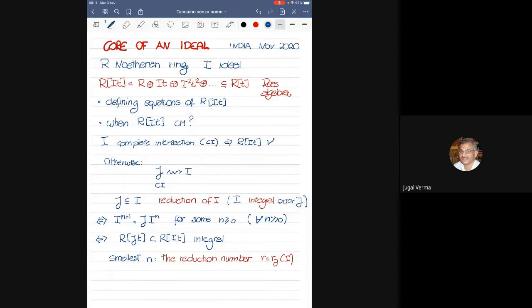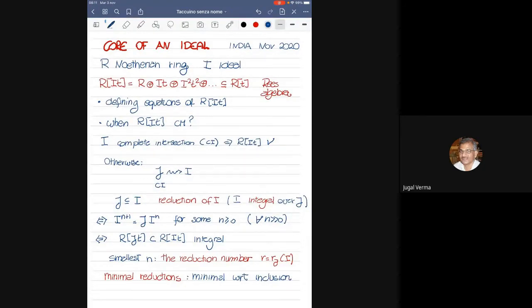And in this sense, we define minimal reductions. Minimal reductions are the best J, and they are really minimal with respect to inclusion.